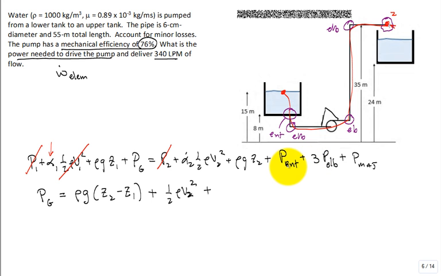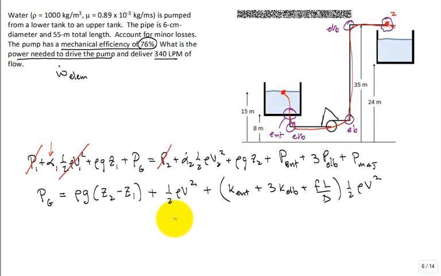What's the equation for the frictional loss on the entrance? K entrance. Then you're going to have 3 times the K of the elbows plus f L over D, all of that times 1/2 rho V squared. And that's the same V, so I'm just going to get rid of the subscripts on the V. Might make sense?